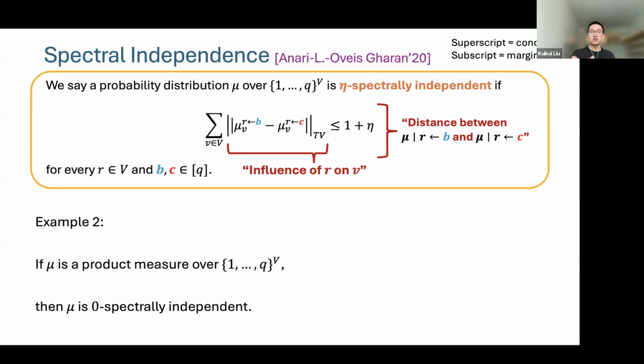That's because all of these influences are going to be 0. If the assignments of two vertices R and V are independent of each other, then the corresponding influence, this total variation distance, is going to be 0. And so for product measures, which are the nice measures for fast mixing of Markov chains, the distribution is 0 spectrally independent.